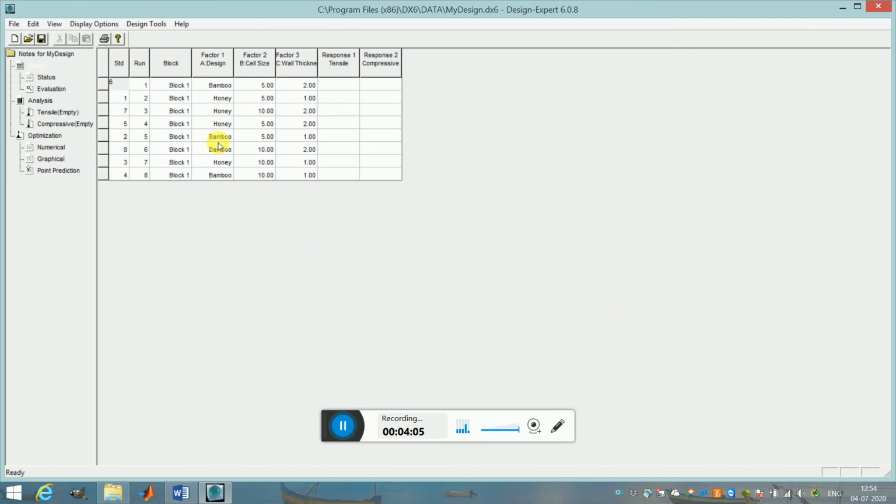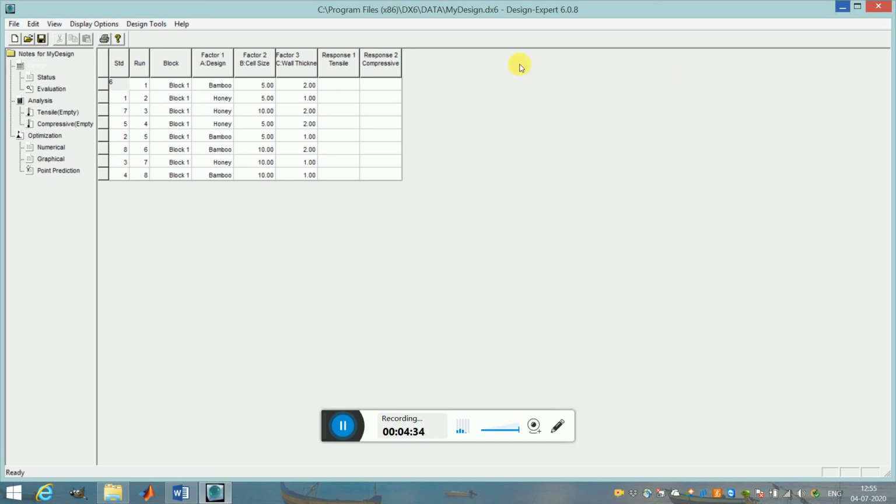This table tells me that I have to perform experiments in this manner. So with the bamboo design, with this cell size and this wall thickness, I should do a first experiment, then a second experiment with these parameters, and I should note down the tensile strength and compressive strength, and from those readings I should put the values here, and then I can do analysis.